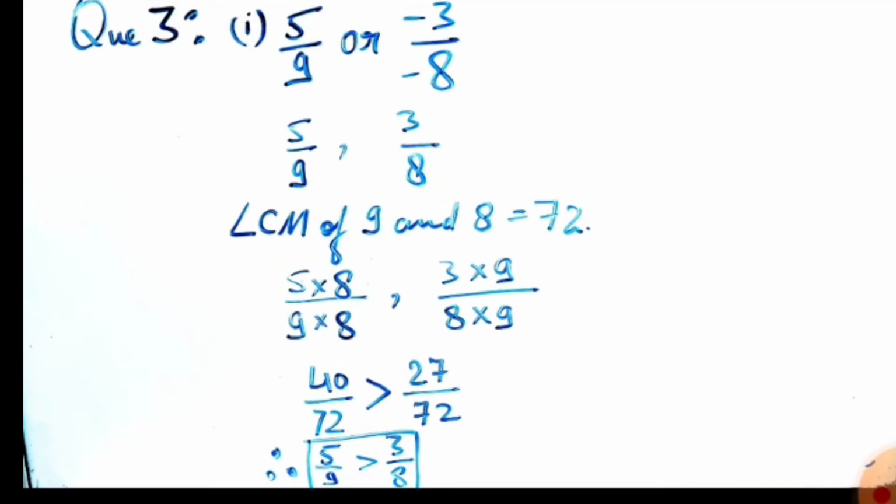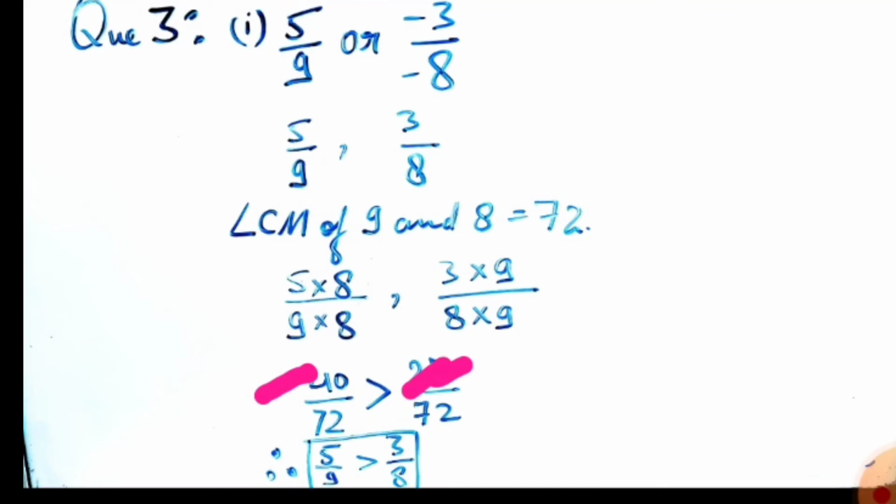So first one, 5 by 9 or minus 3 by minus 8. First we'll write it as 3 by 8 only, in this way. Now we'll find the LCM of the denominators, means 9 and 8. It will be 72. Then we'll write the first rational number 5 by 9 and the second 3 by 8.